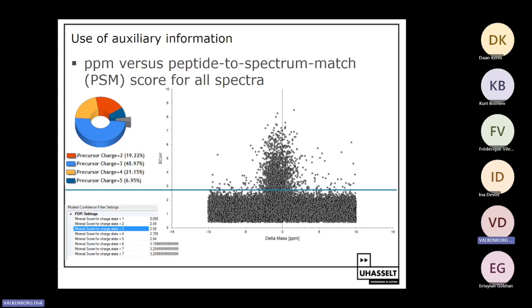Ideally, this spike of identifications should be centered around the 0 line here, but that's not the case, and therefore we can immediately see that the instrument is probably a little bit ill-calibrated and requires a new calibration to put this spike back into the middle, centered around the 0 value.